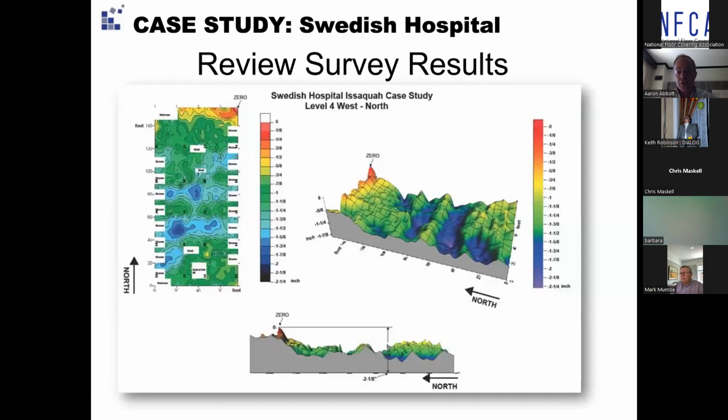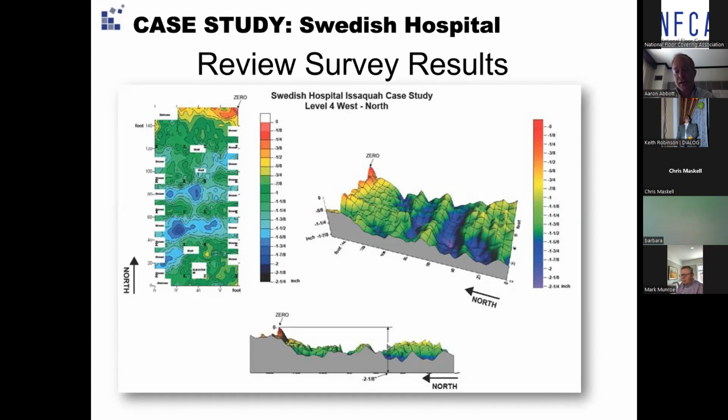They were also recorded and put onto a heat map. And so this is a technique that's used a lot now by self-leveling installers, flooring installers, where they want to visualize the elevation, the topography of the concrete floor. So with that data, you can put it into software that does this.